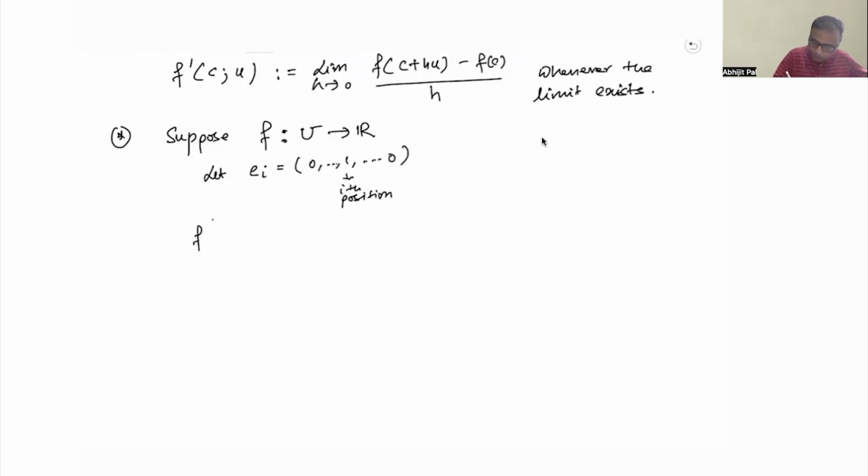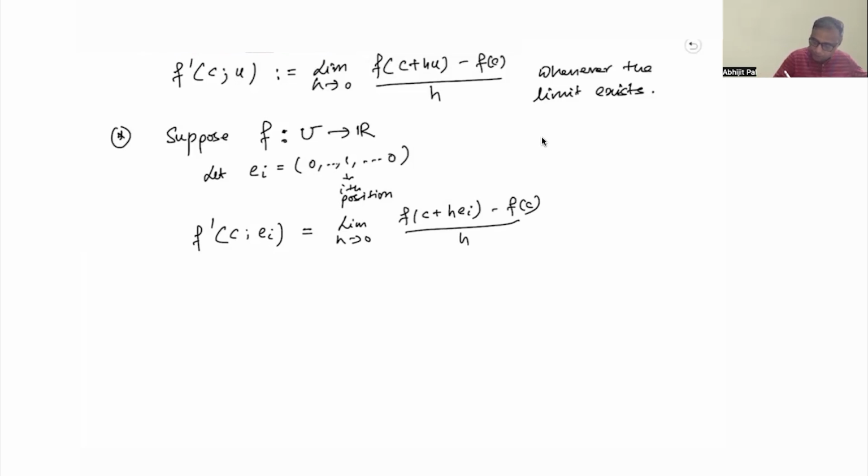So what will be f prime(c, ei)? As per the definition, this will be the limit as h tends to 0 of f(c plus h ei) minus f(c), divided by h.